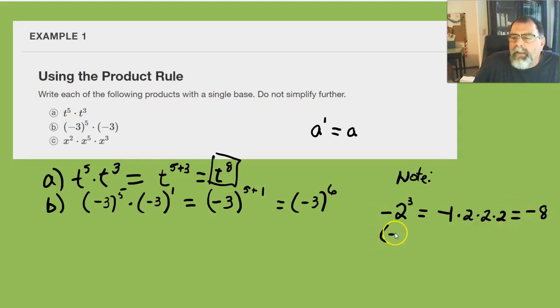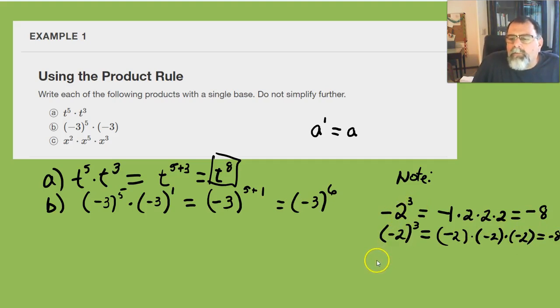Now if I had negative 2 to the third power with parentheses around the negative 2, I interpret this as the base is negative 2 and we're multiplying negative 2 three times. Okay, so it's really important to understand that notation, because now you can see on this one it doesn't matter because you get the same answer.